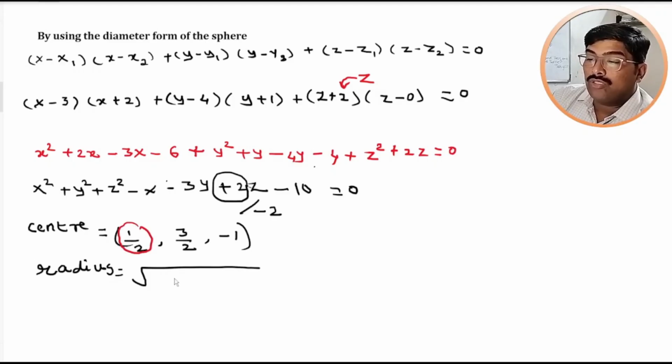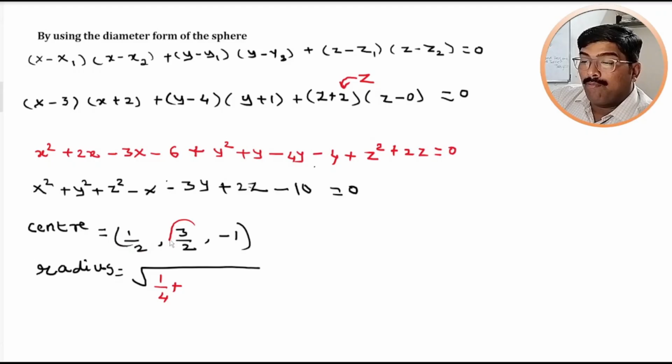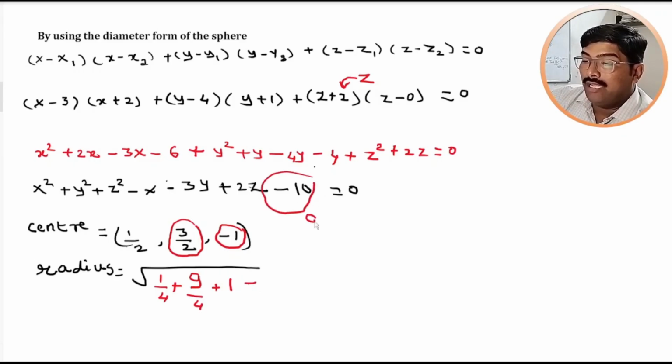So 1 by 2 square is equal to 1 by 4, plus minus v value is 3 by 2 and its square is 9 divided by 4, plus the value of minus w is equal to minus 1 and its square is plus 1, minus this is the value of d. So d value is equal to minus 10, minus and this minus becomes plus 10.